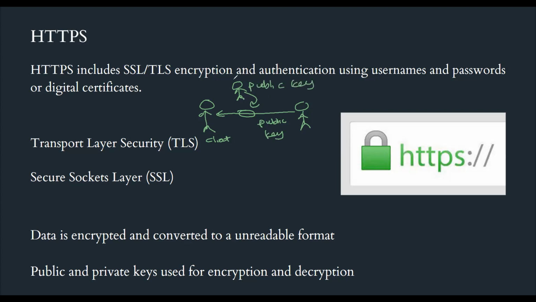However, now the client needs to send data back, and the client wants to access the server. Once the client is sending the data, although the intermediate person is trying to decode that data, the intermediate person cannot decode it because that person does not have the private key.